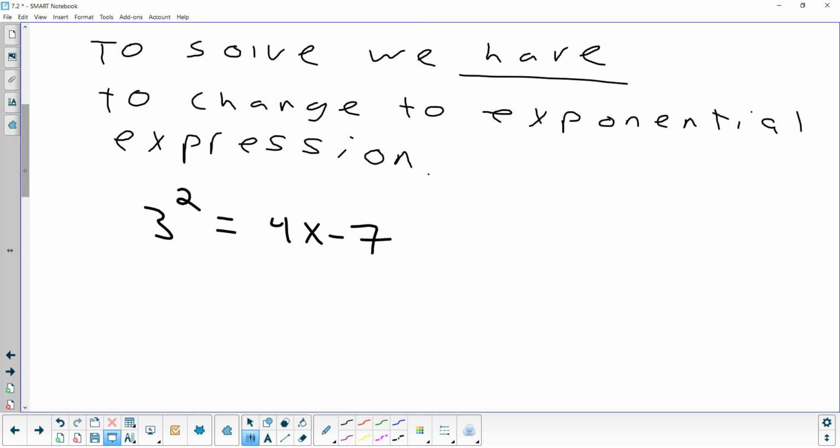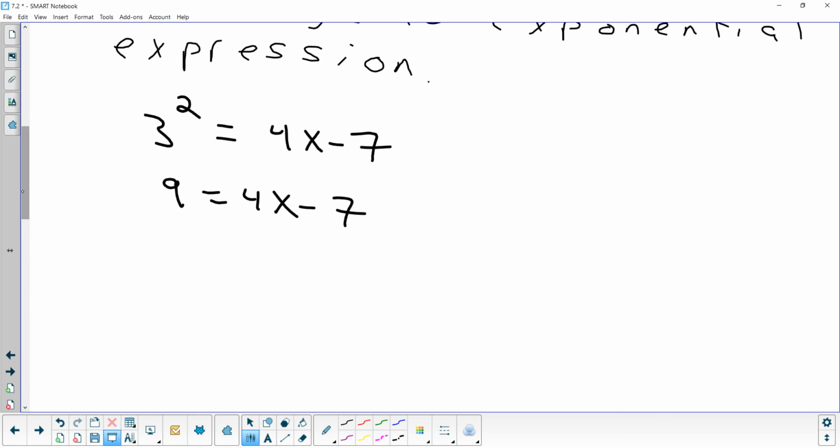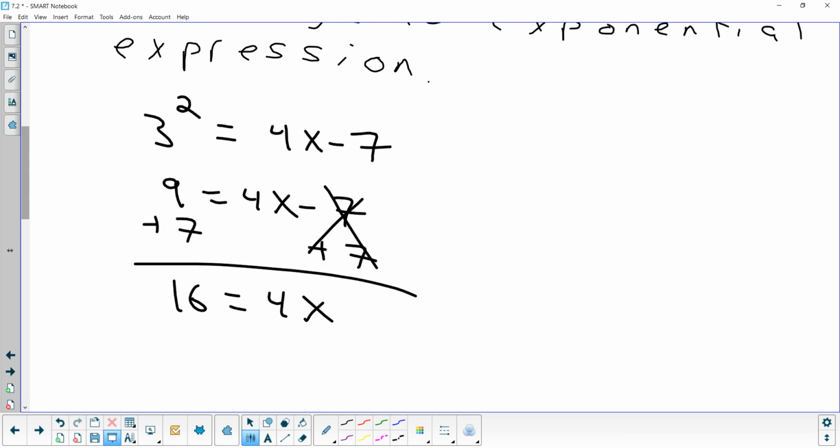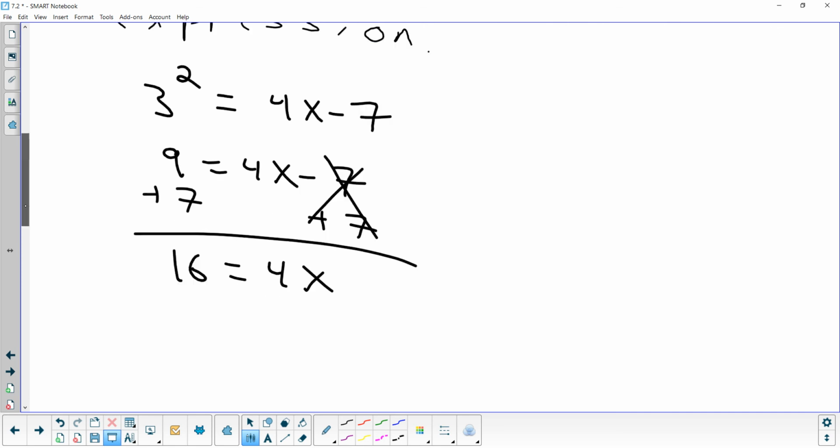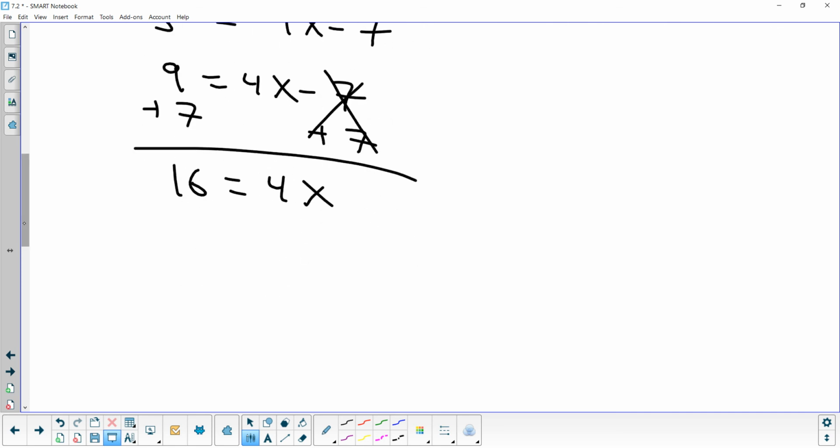Do the exponent. What do you get when you do 3 squared? 9. What about my next step to get x by itself? Add 7. 9 and 7 will give me 16. And what's my last step to get x by itself?